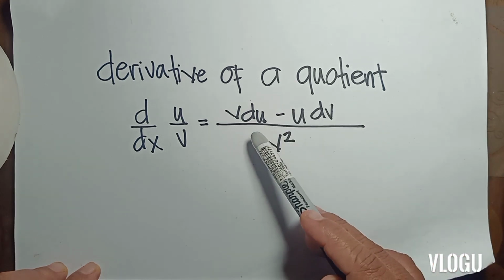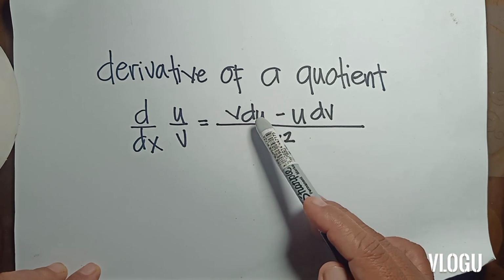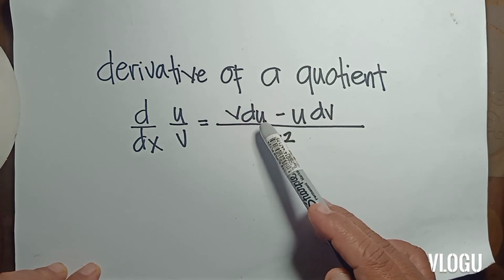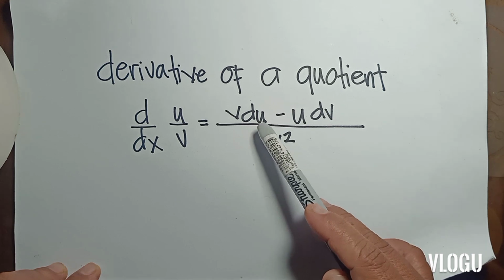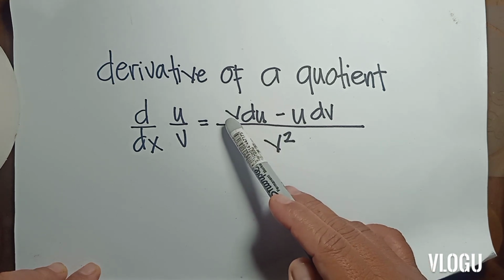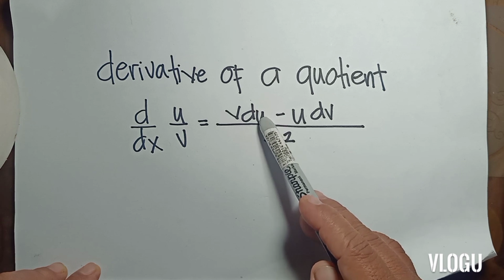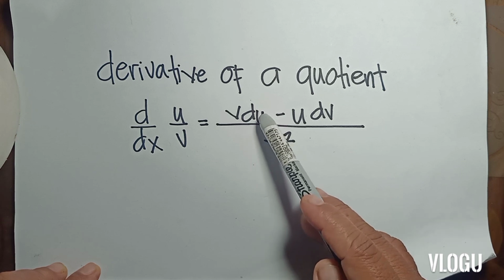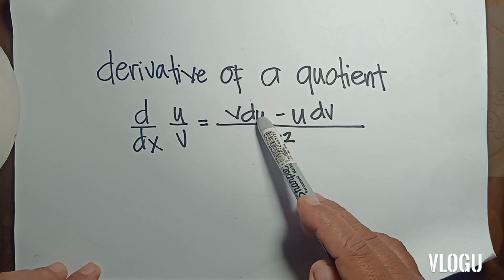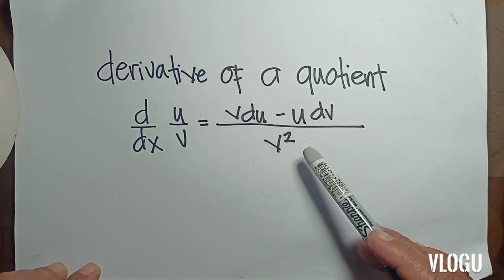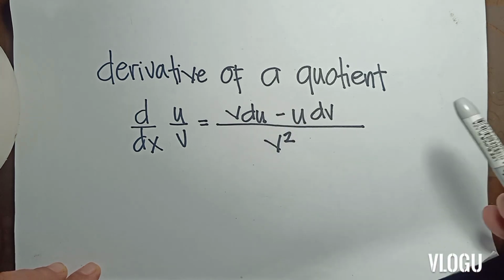Unlike with the product, where we can choose which one we differentiate first, here we start with the derivative of u, the derivative of the numerator first. So we will have our examples.